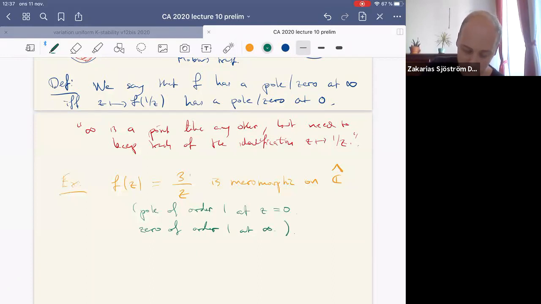So why does it have a 0 of order 1 at infinity? Well, it's because f of 1 over z is equal to 3z, which has a 0 of order 1 at 0. Is that clear how this works?